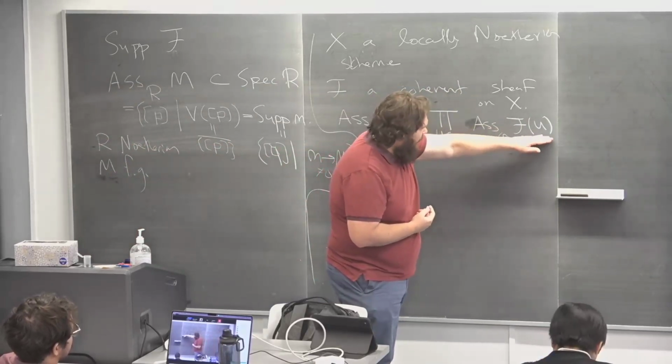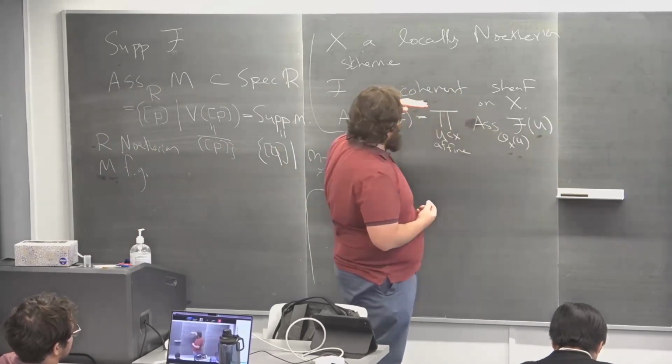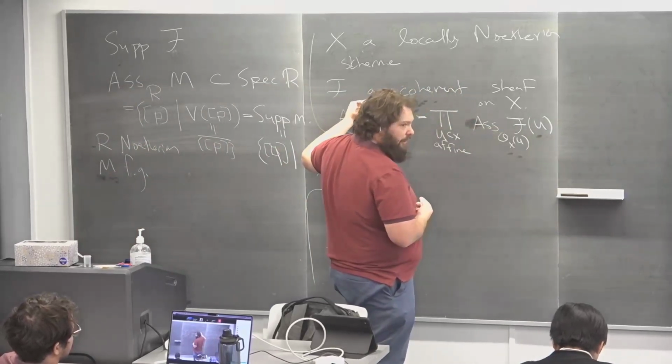And the sections of F are a module over this ring, which are finitely generated because F is coherent.